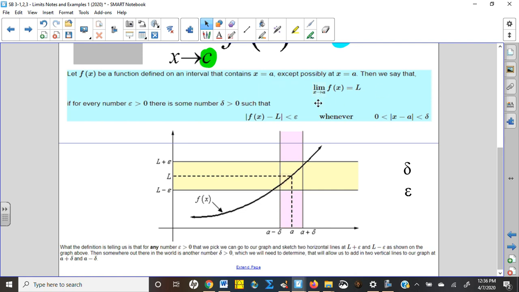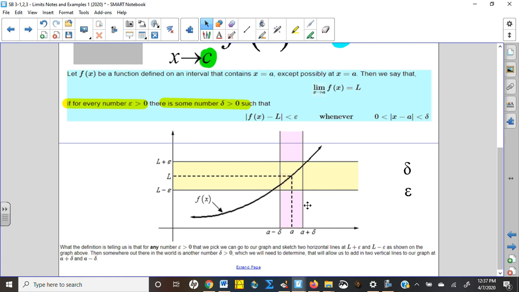And we will say that the limit of f of x as x approaches a is equal to L if for every positive epsilon, there is some delta such that we're guaranteed that the difference between our function and the limit being less than epsilon, our difference between our x values, x and a, is guaranteed to be positive still, but less than delta.